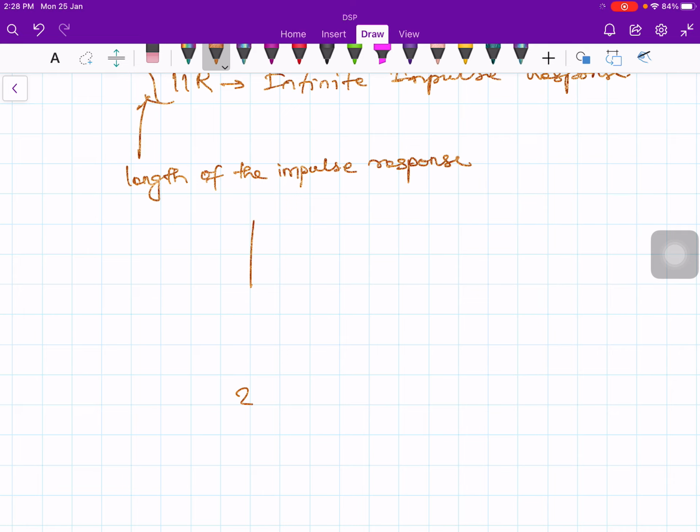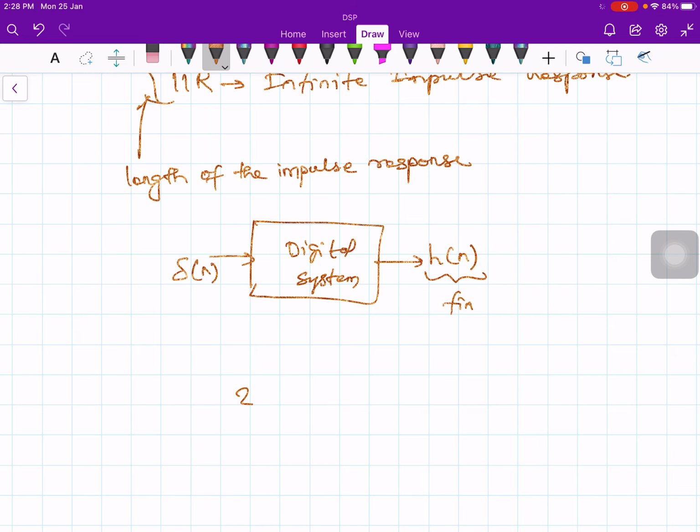So this is my digital system. If the input is del of n and the corresponding output is called h of n, and if this length is finite, then you call it finite impulse response system, and if the length of this h of n is infinite, then you call it IIR system.